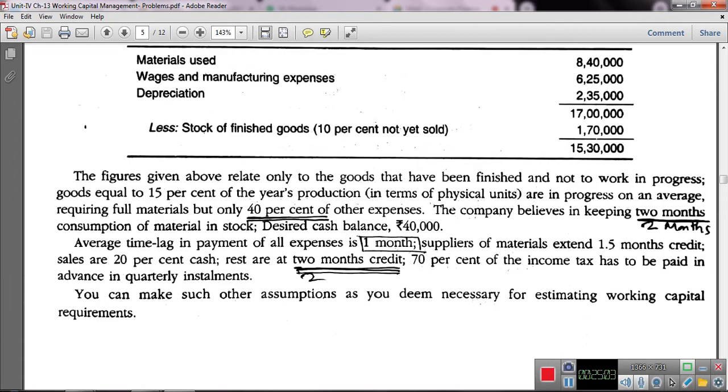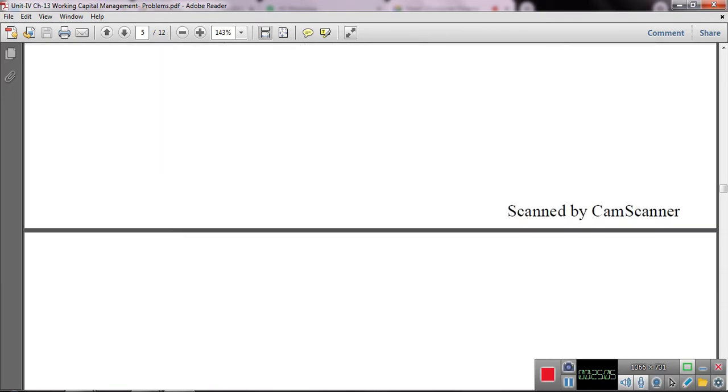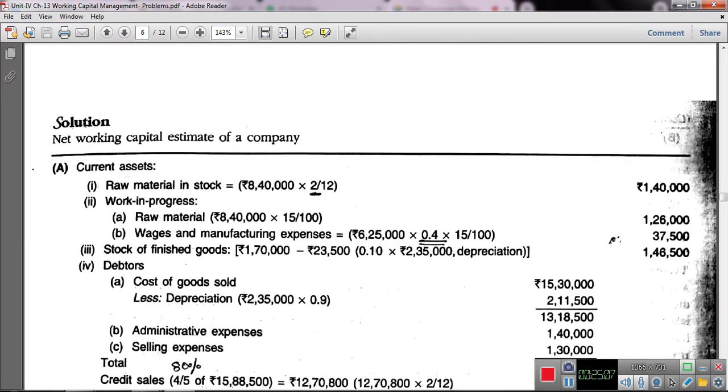So we'll go ahead with that. 40% of 6,25,000: I write 6,25,000 into 40 divided by 100, or I can rewrite it as 6,25,000 into 0.4 into 15 divided by 100. Why 15 divided by 100? Only 15% of the materials are in work in progress.